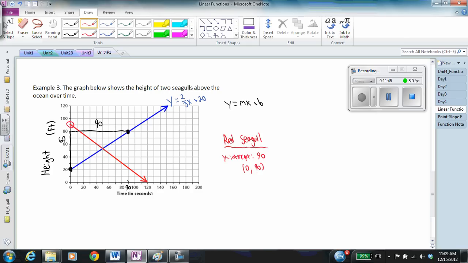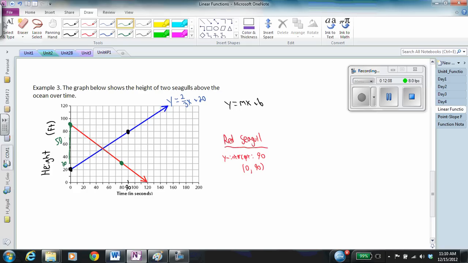This time the slope is negative, but we still have to use nice points and find the rise over the run. So I'm going to clear off this other stuff from the other graph so we can see. So let's use this point, and this looks like a nice point. So we rise, or we go down from 80 to 30 there.